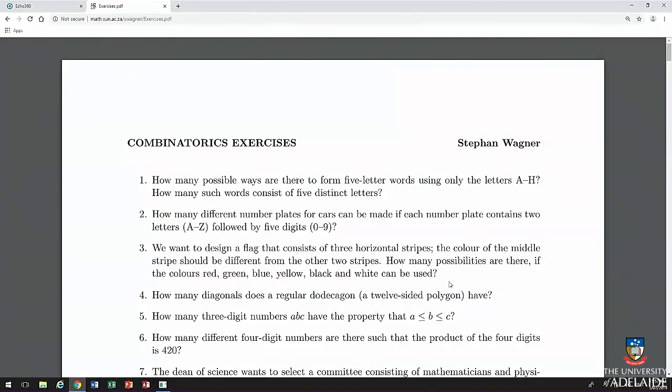Okay. I'm just going to quickly write down the main details from that so that it's still here on the handout later. So: 3 horizontal stripes. Middle stripe different to other 2. Colours red, green, blue, yellow, black and white.